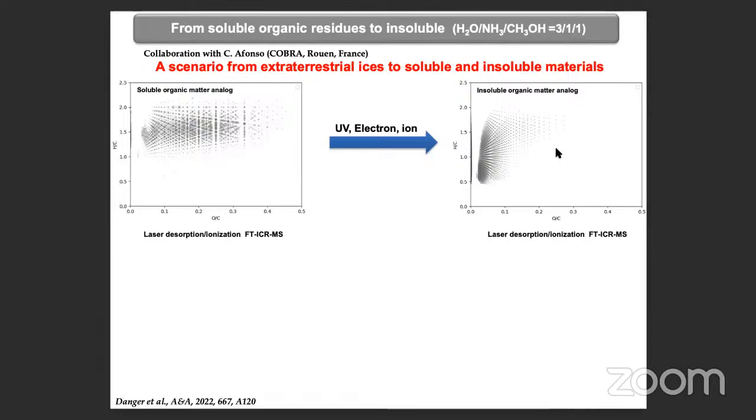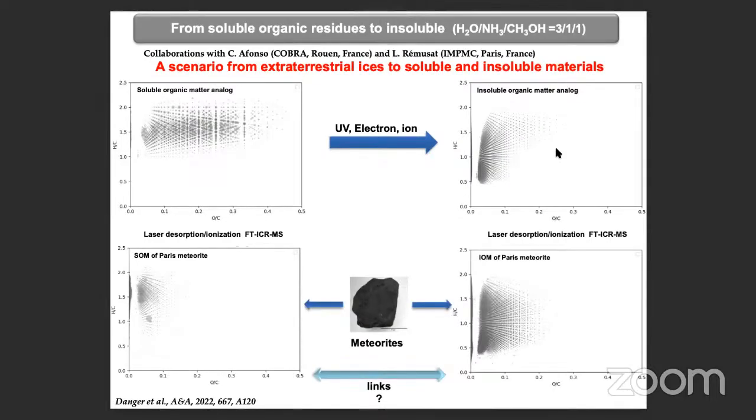We apply exactly the same analytical techniques to compare what was formed from this ice to what is observed in meteorites. If you look at the insoluble organic matter, you can see that we have quite the same molecular distribution. Even if I will not say this is exactly the same organics that we form, we are able to form insoluble fractions that present similarities.